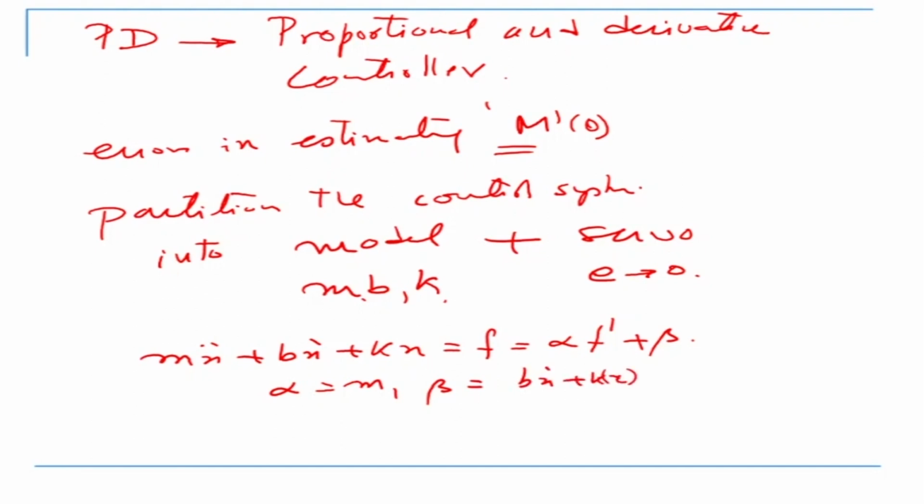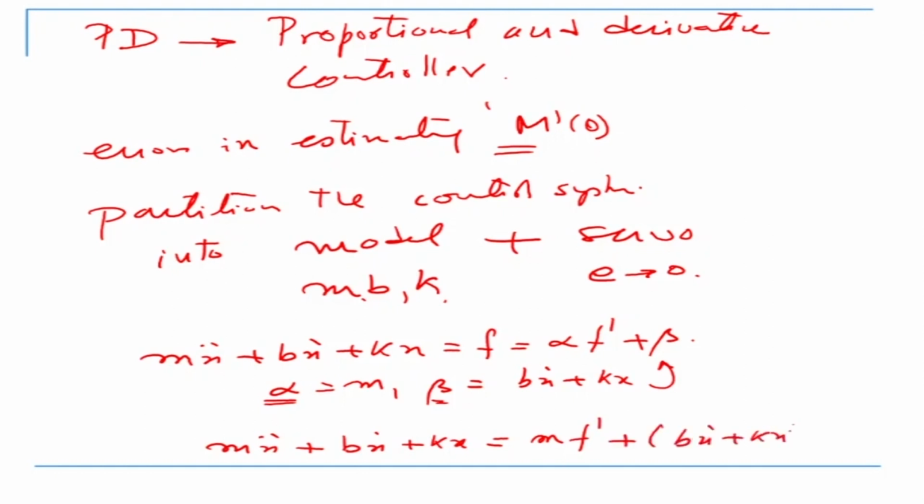If I take this alpha and beta and put them into this equation, what we get is m x double dot plus b x dot plus k x is equal to m times f dash plus b x dot plus k x. Now this cancels with this, and this cancels with that, and what we are left with is x double dot is equal to f dash.